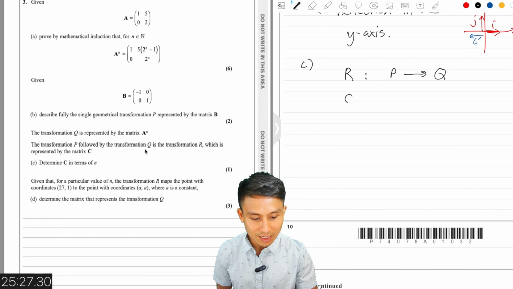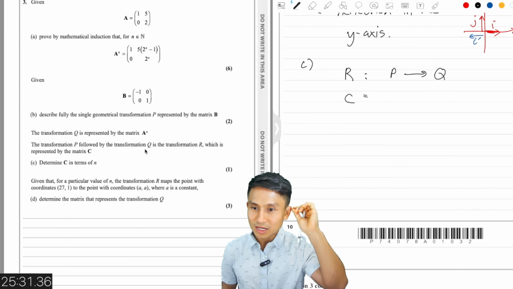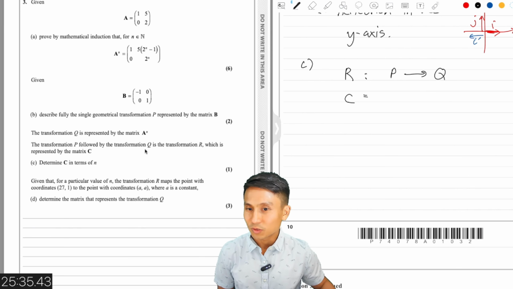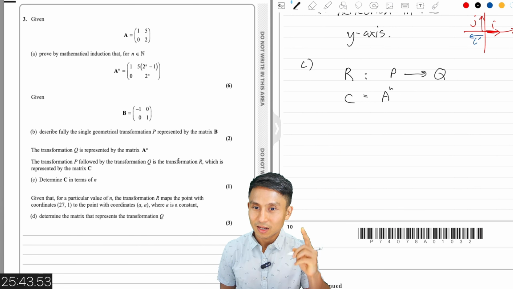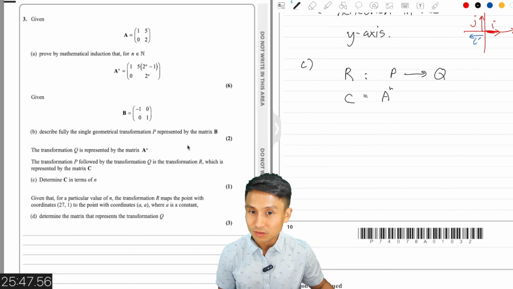So matrix C is going to be equal to the matrix of transformation Q, which is represented by A to the n. So Q here, and then the matrix P, what's matrix P?